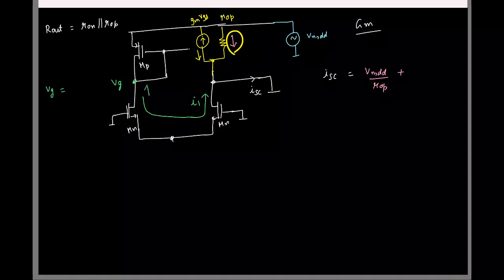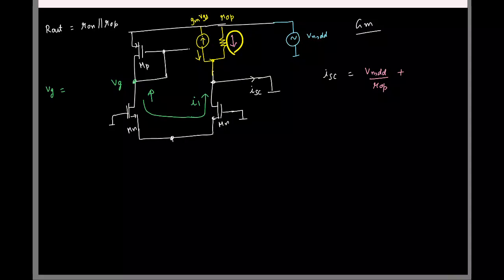I have already marked some currents, right? In terms of the marked currents, what is the current flowing up in the left branch? Minus I1.